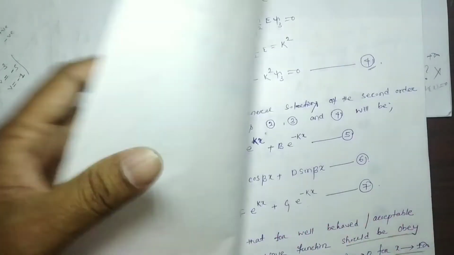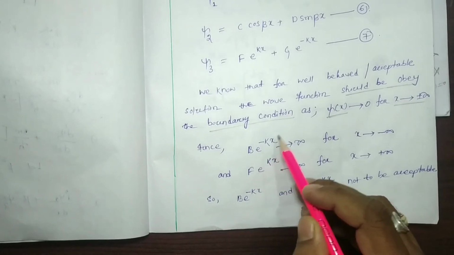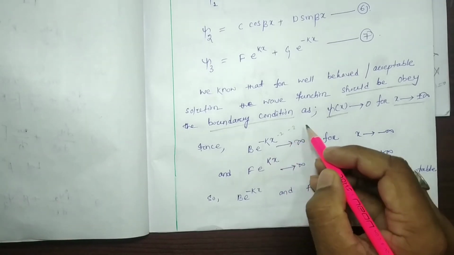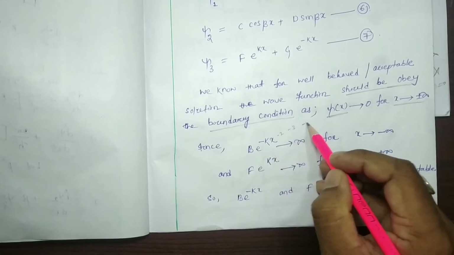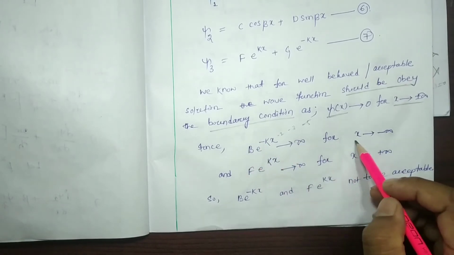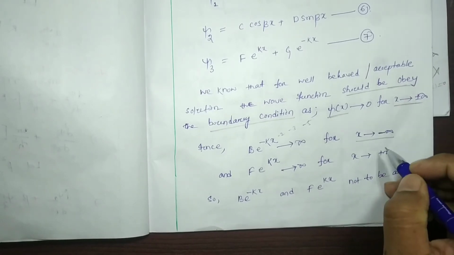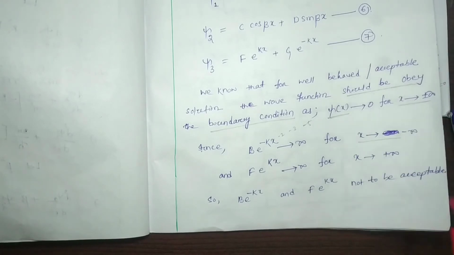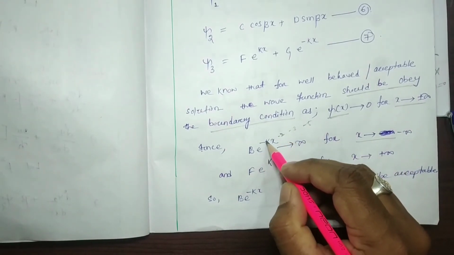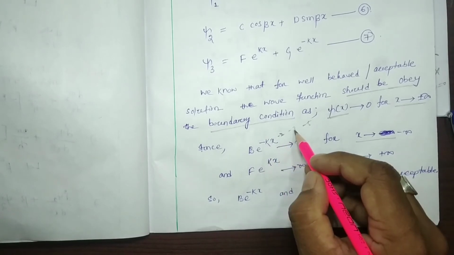So in the term e to the power minus kx, x is negative and its magnitude keeps increasing. If x is minus 2, it becomes plus 2k, then 3k, then 5k in the exponent.